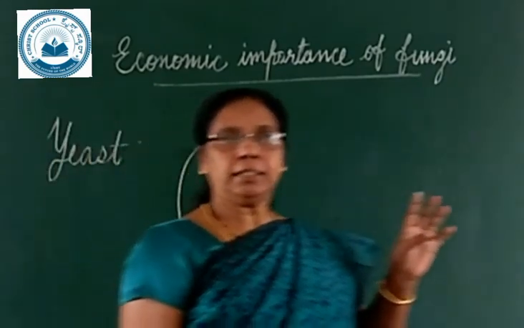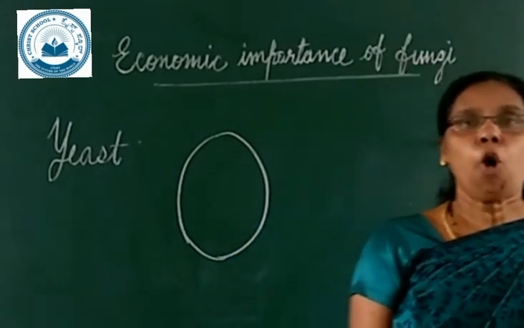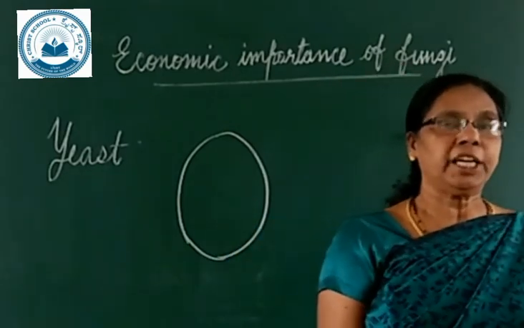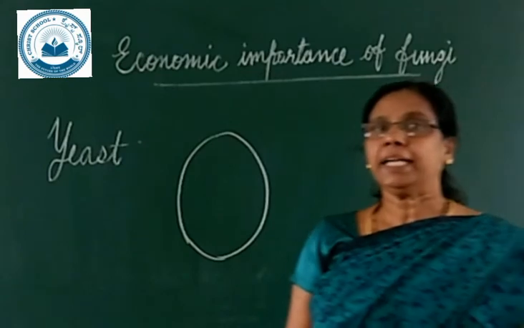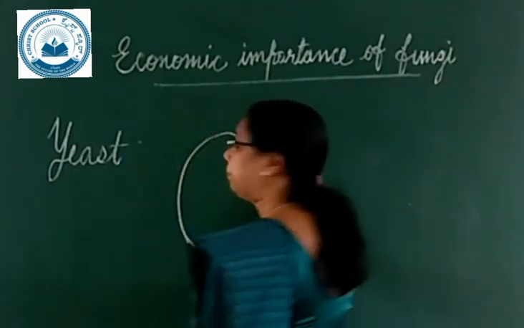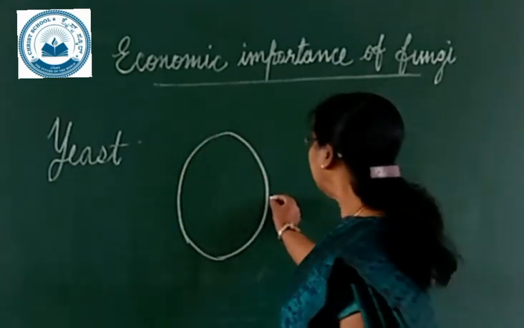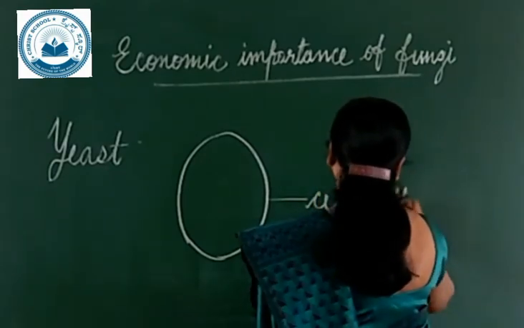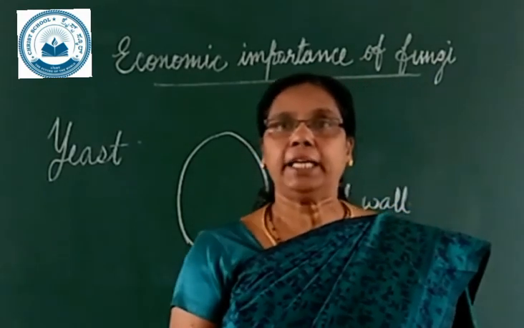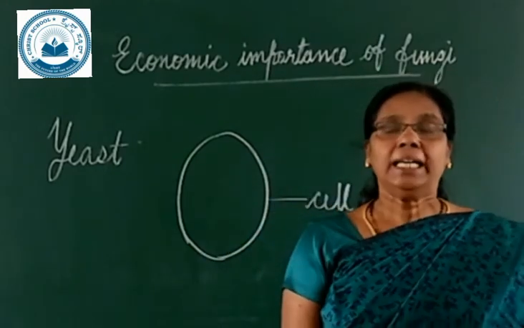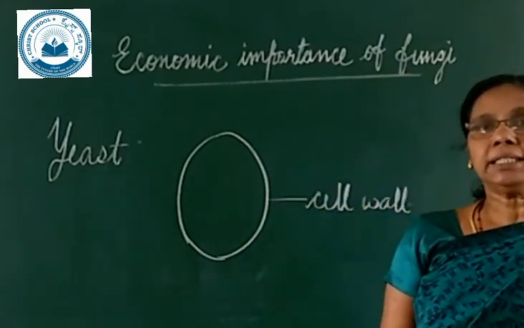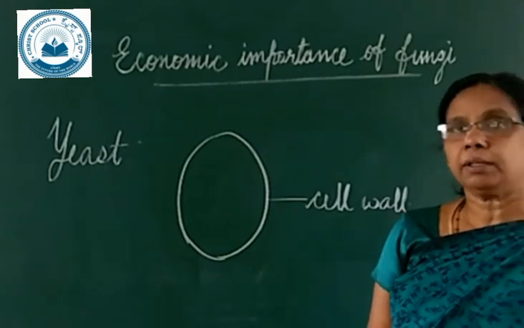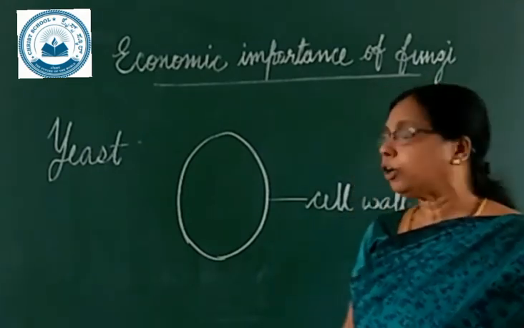So what is the structure? You can see the shape is oval, and it is covered by a cell wall. The outer membrane is called the cell wall. Inside the cell wall you can see more than one vacuole present.